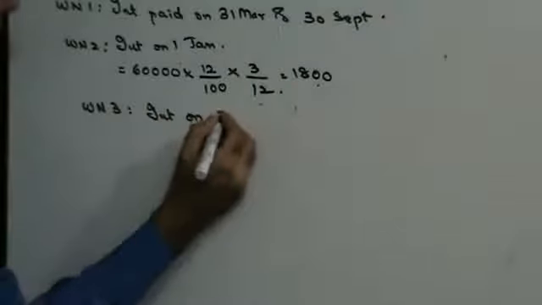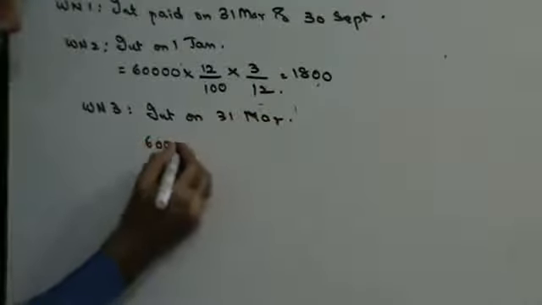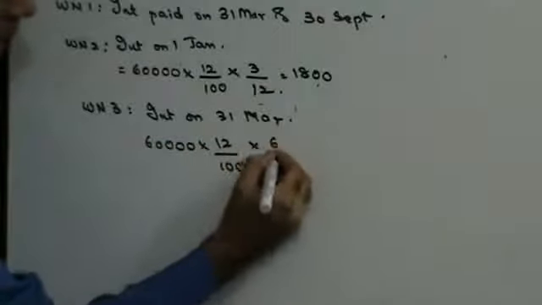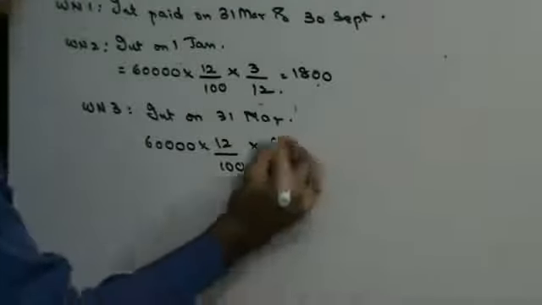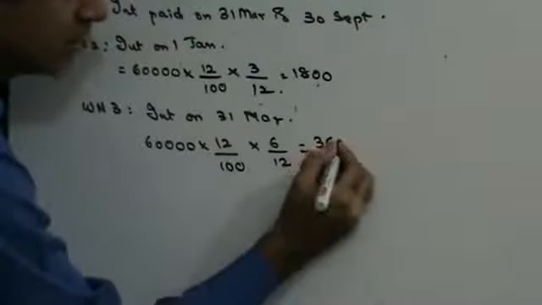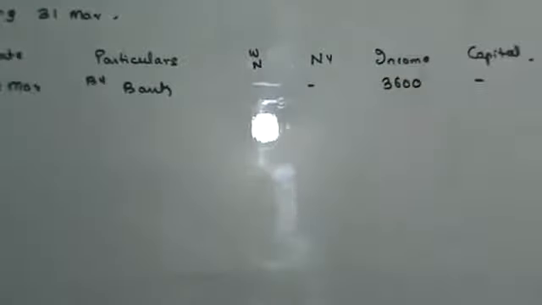Interest is on 60,000. These are 12% instruments and for 6 months, from 30th September to 31st March. That is 3,600.